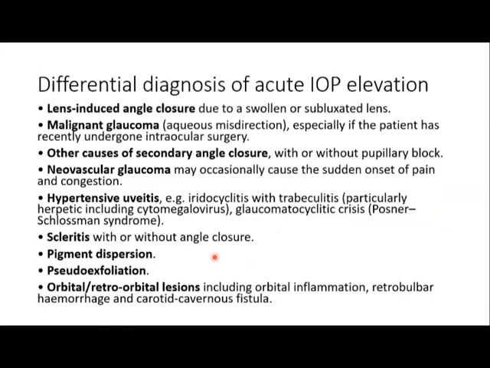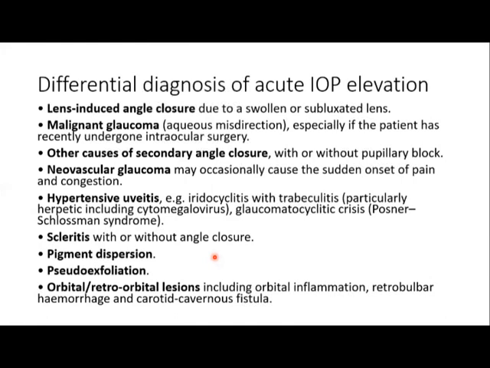Then the differential diagnosis of acute IOP elevation. Lens-induced angle closure is the first, which may be due to a swollen or subluxated lens. Then malignant glaucoma, that is aqueous misdirection syndrome, especially if the patient has recently undergone intraocular surgery. Other causes of secondary angle closure, with or without pupillary block, we have to rule out. Neovascular glaucoma may occasionally present with sudden onset of pain and congestion.